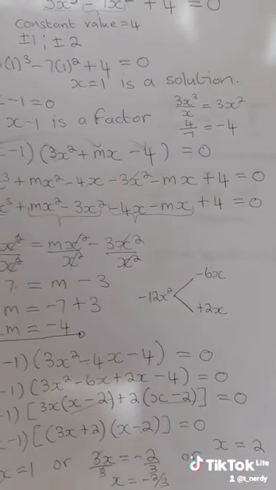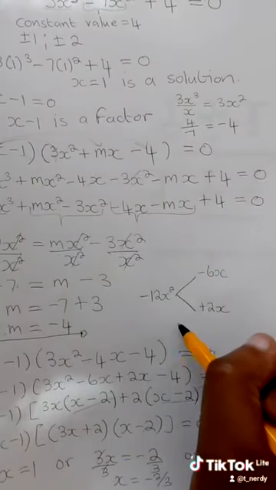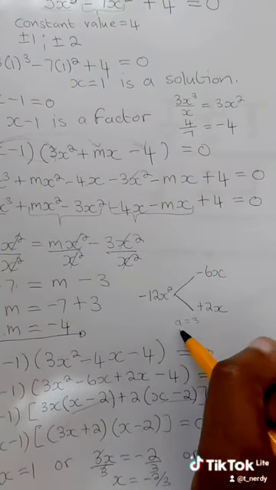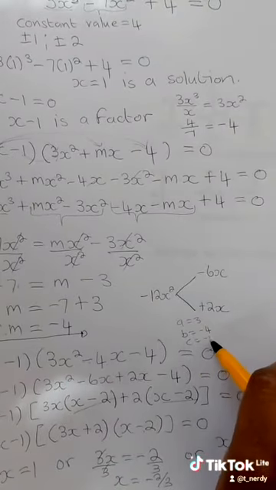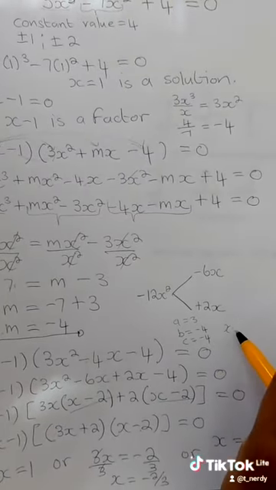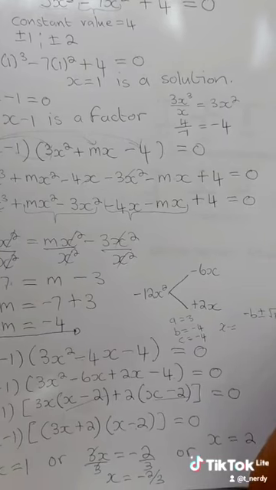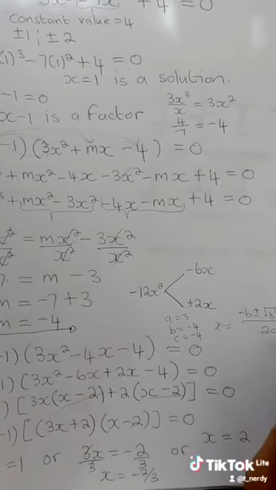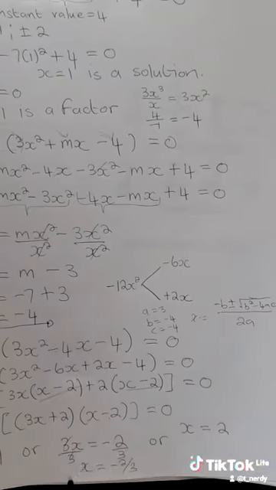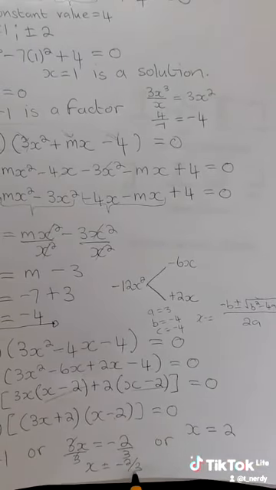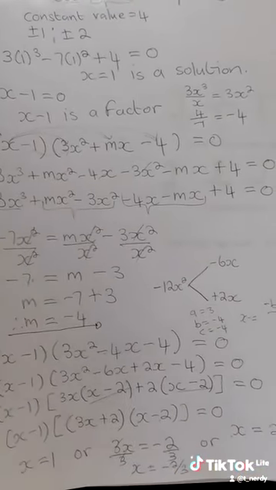So here, what I've just done, you can either solve this very quickly as well and just say a is equal to 3, b is equal to minus 4, and c is equal to minus 4, and therefore use the quadratic formula. If you're unfamiliar with factorizing in this way, you can simply use the quadratic formula and get these two x values: x is equal to negative 2 over 3 and x is equal to 2. And then that one is x is equal to 1. Then we would have solved our cubic equation.